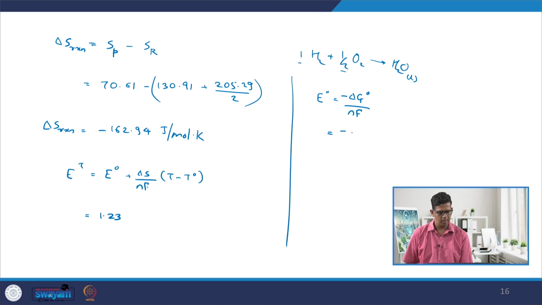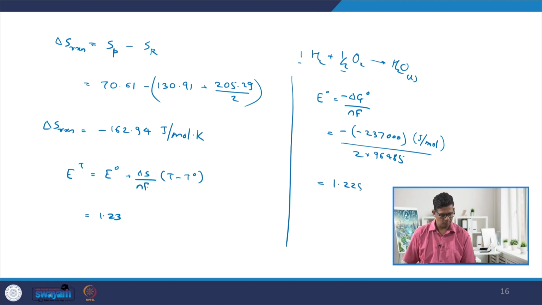Delta G naught for the hydrogen oxygen fuel cell is minus 237,000 joules per mole, N is 2, and F is 96,485. This comes close to 1.228 volt, or we can write 1.23 volt. The minus becomes plus, so plus 1.23 is my E naught at STP.